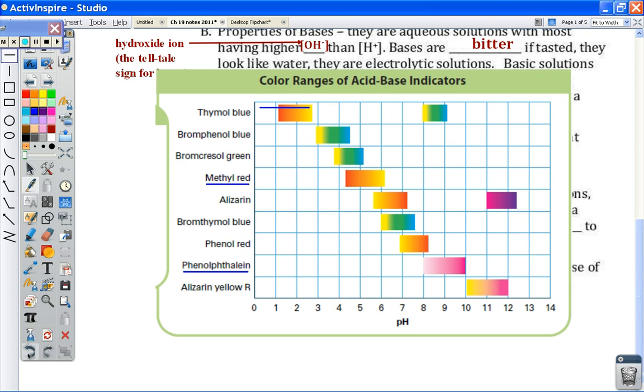The combination of these will get used as a universal indicator. So the universal indicator is sort of a conglomerate of all of these things because they don't interfere with each other.